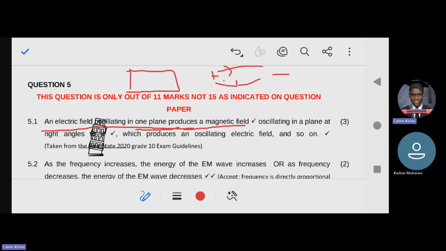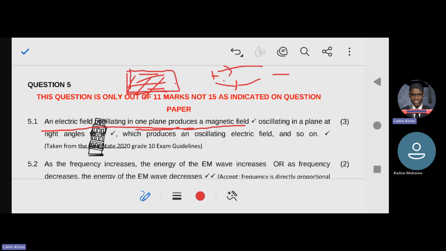An electric field oscillating in one plane produces a magnetic field oscillating in a plane at right angles, which produces an oscillating electric field, and so on.